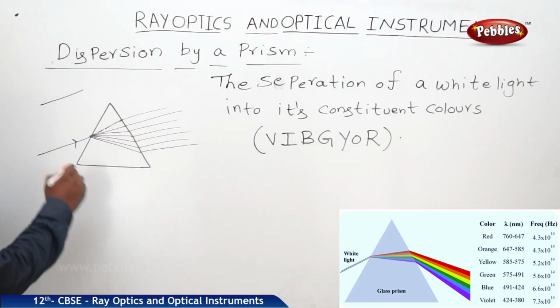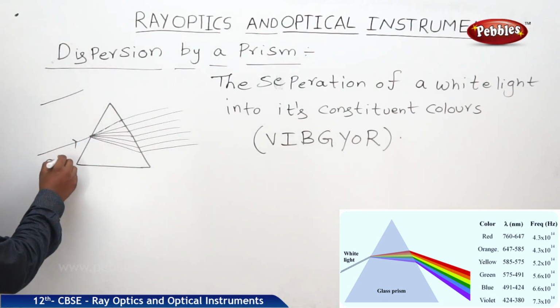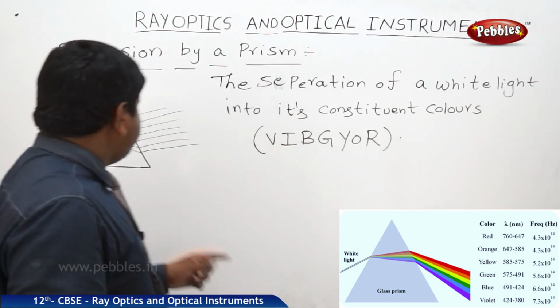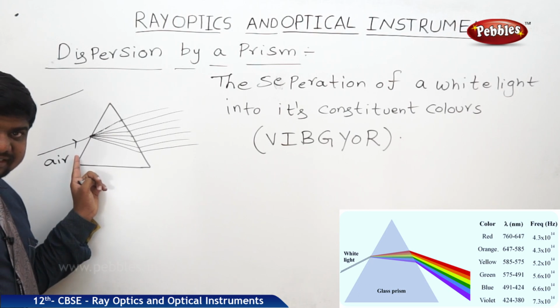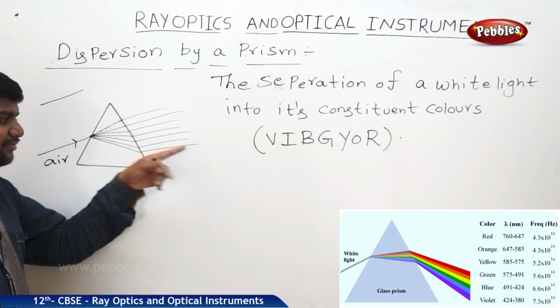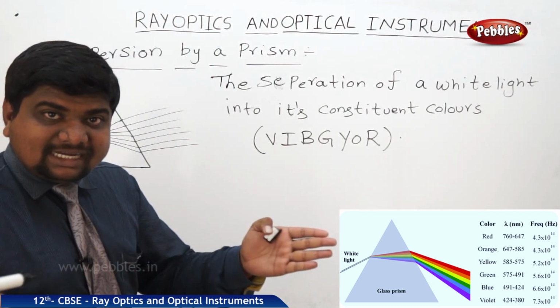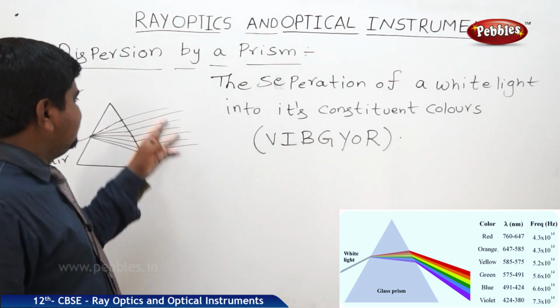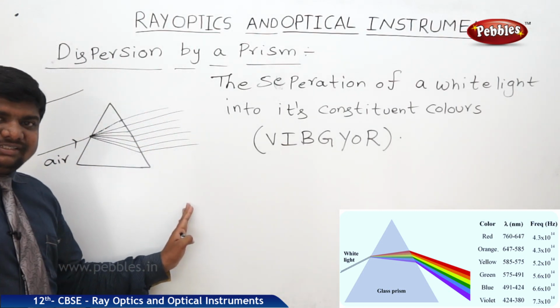So we can say that in air medium, these 7 colors seem to be traveling with the same speed. That's why it appears to be a single beam of white light. But in a denser medium like glass, the velocities of these 7 colors are different. It is not uniform. That's why we can distinguish the 7 different colors.